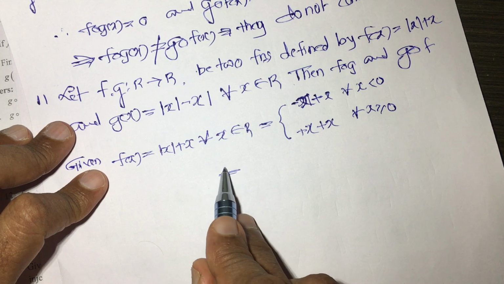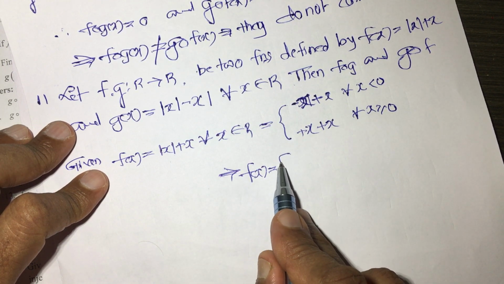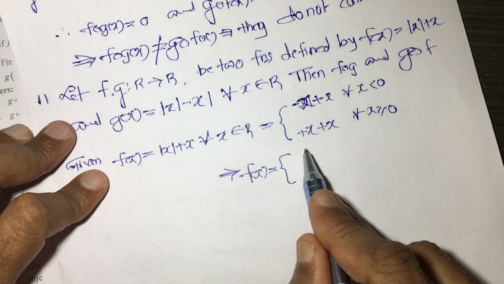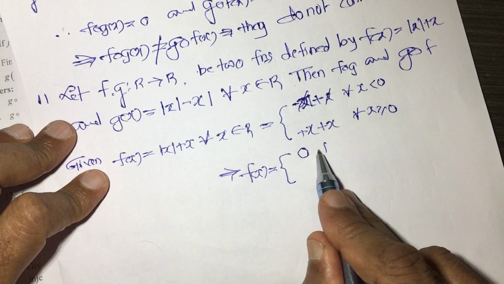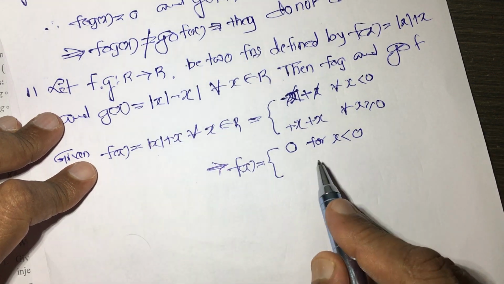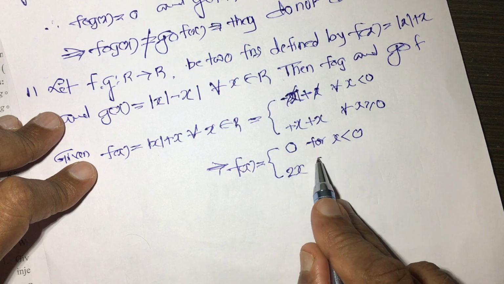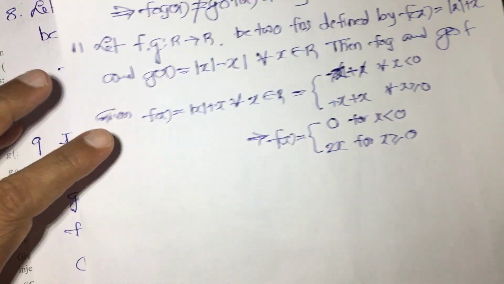This implies f of x equals 0, because plus x minus x cancels, for all x less than 0, and it is 2x for x greater than or equal to 0.